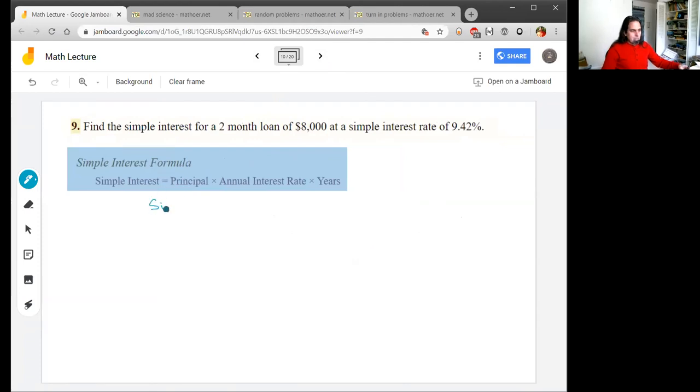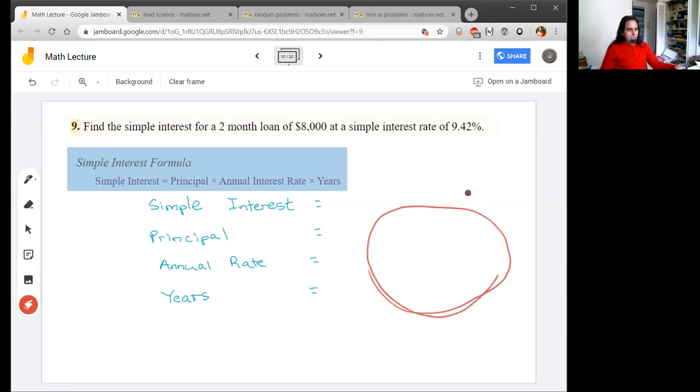They will list all of the things in the formula and in some separate space. Now they have all this room on their paper to figure out what goes wrong so that nothing tricky surprises them. So simple interest is what we're solving for.